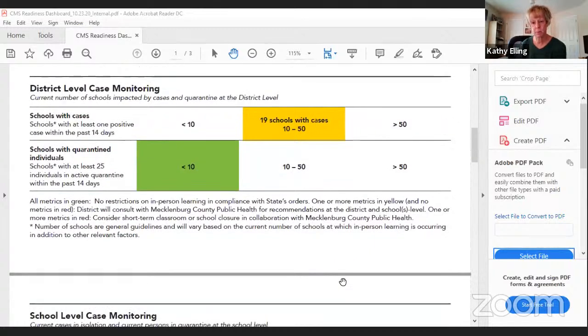We know it's important to measure the impact of this virus on schools and individuals, both students and staff. And to that, we've set up district level case monitoring. And right now, we are showing, actually, hold on one second.